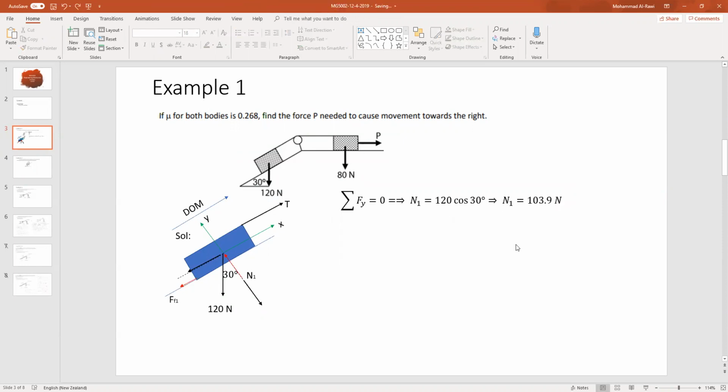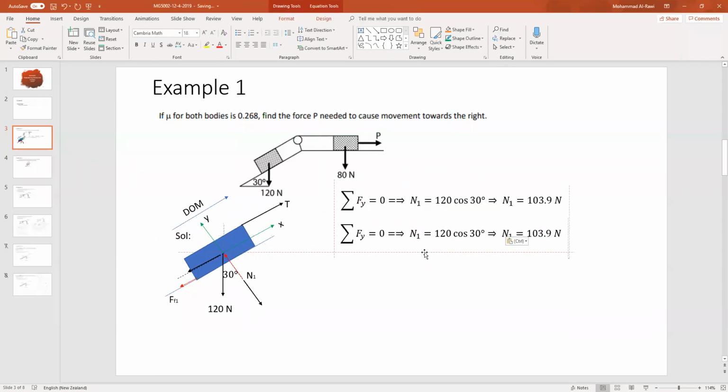Okay. Since we solved that, now we can find the algebraic summation of forces in the x direction, which will be very interesting. I'm copying the equation again; it's easier to edit it to save time. This will be the sum of forces in x equals 0.